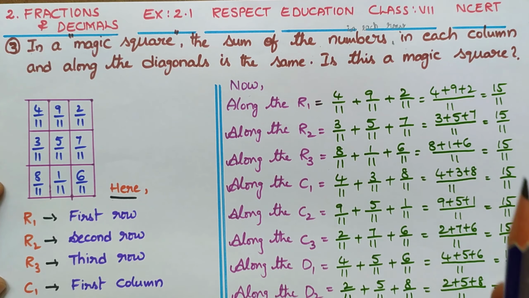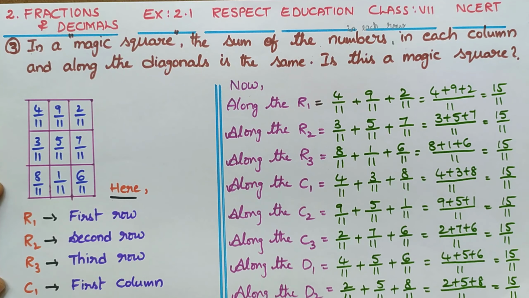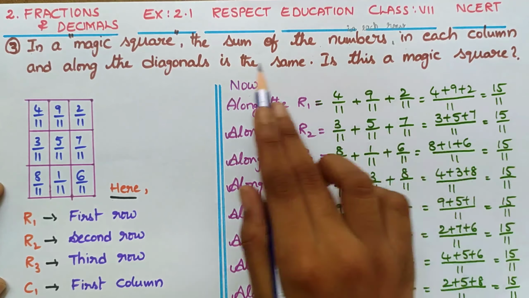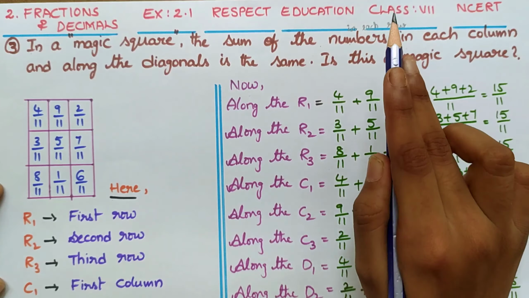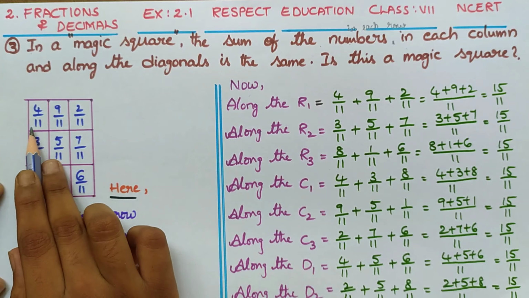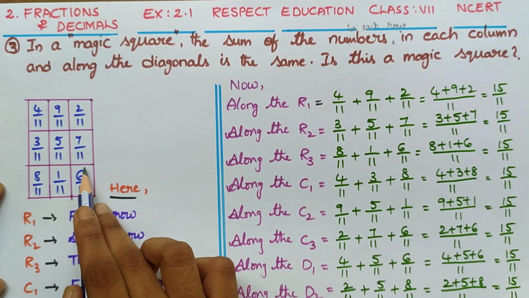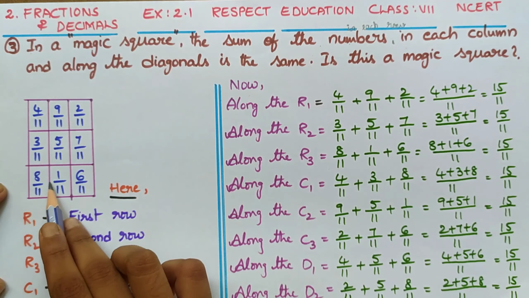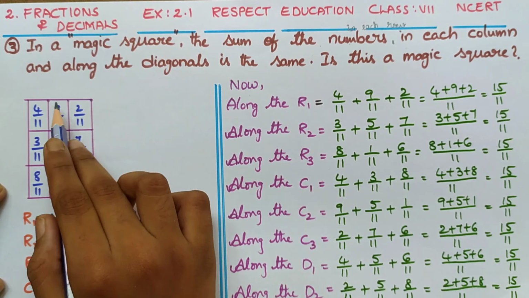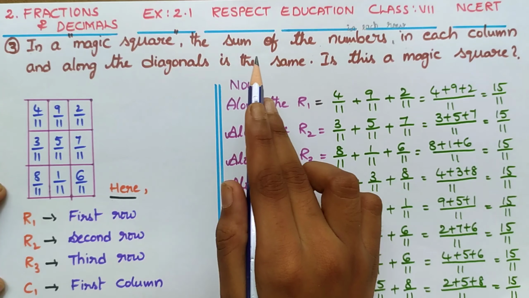Before verifying if this square is a magic square, let us know what is a magic square. Clearly it is given here the sum of the numbers in each row, this is known as row, and in each column, this is known as column, and along the diagonals is the same.